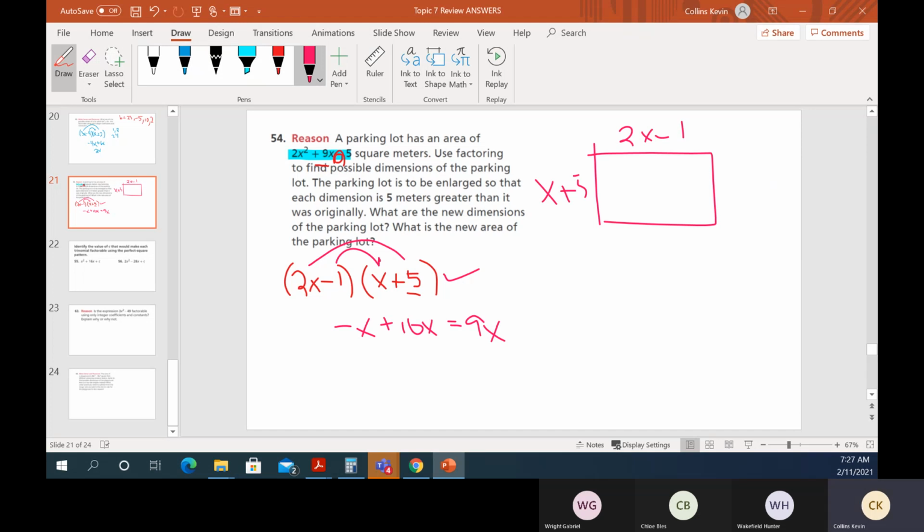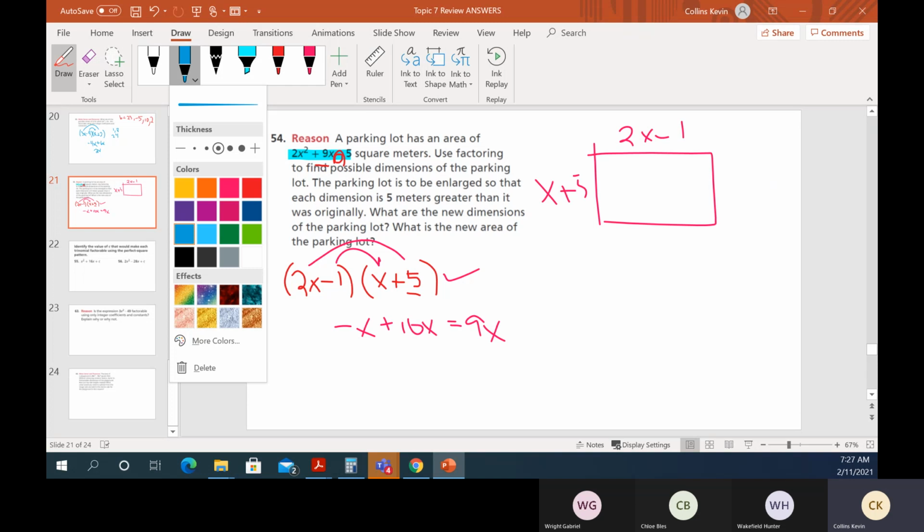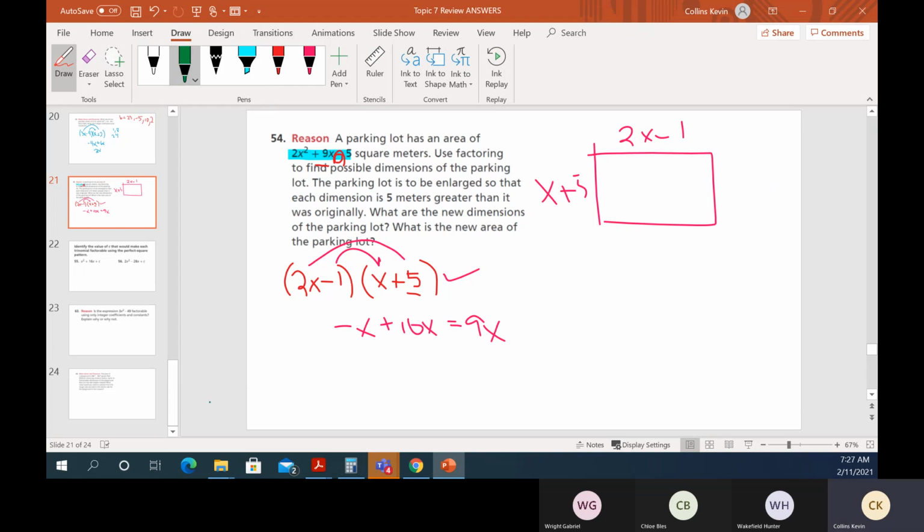So it says the parking lot is enlarged, so each dimension is 5 meters greater than it was originally. So what that's telling us to do is, now we've got our dimensions here, right? We're going to just go ahead and add 5 to each of these guys. That's pretty straightforward, right? So up here we'll say plus 5 more going this way, and plus 5 more going this way.